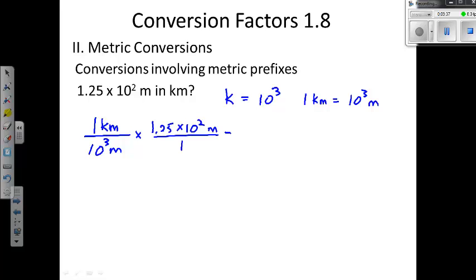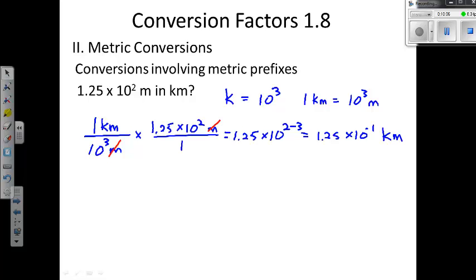I'm going to end up with kilometers, which is what I want. And here I don't have to put this in the calculator, believe it or not. I can just do that. I say the exponent in the numerator minus the exponent in the denominator: 10 to the minus 1 kilometers, right? Because meters get canceled out here.